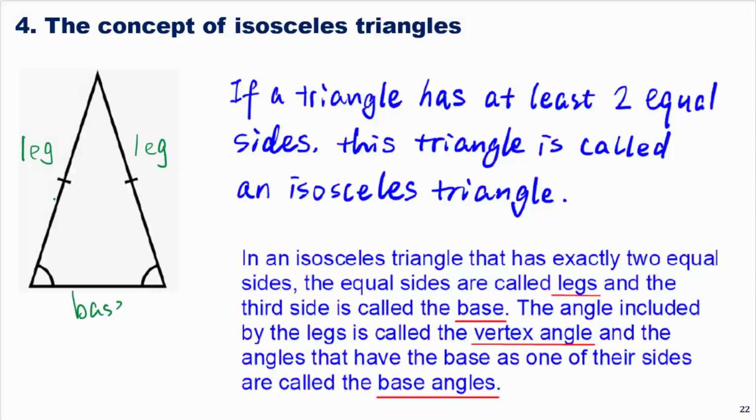As shown in this diagram, the angle included by the legs is called the vertex angle. And angles that have the base as one of their sides are called base angles. So this is a base angle. This is another base angle. Are you clear?